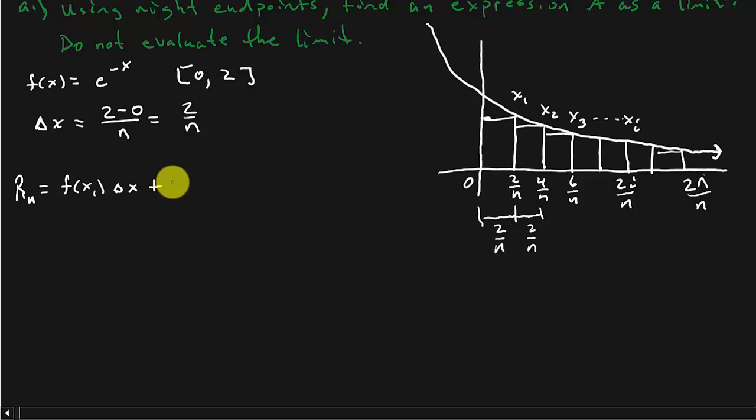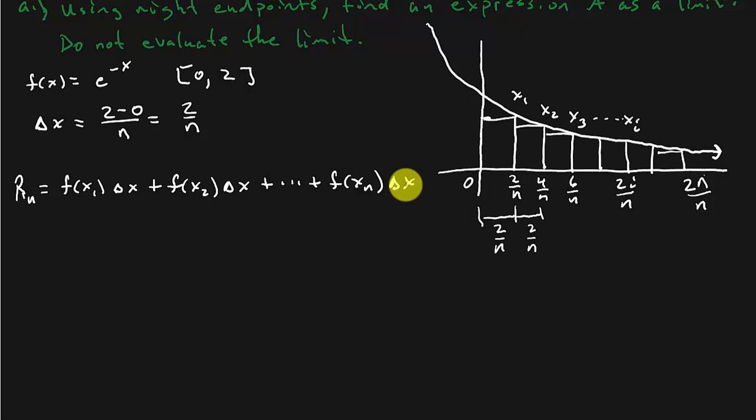And then plus f of x2 times delta x. The width of each rectangle is the same. And then I've got plus all the way to the last one, that's going to be f of xn times delta x. All right, so there's Rn.